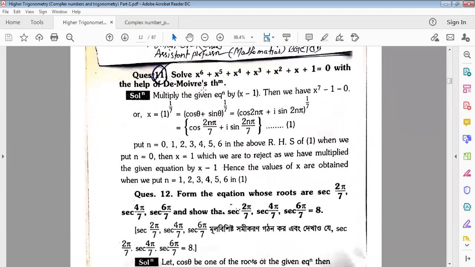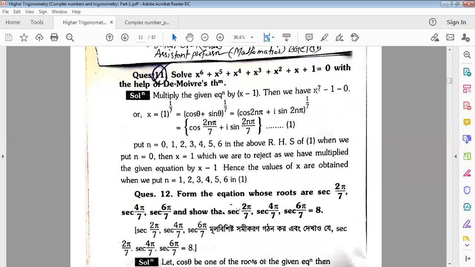Now similarly, example 11, solve this one with the help of de Moivre's theorem. Similar case: multiplying this whole equation by x − 1 on both sides, we get x⁷ − 1. You have to practice it at home.